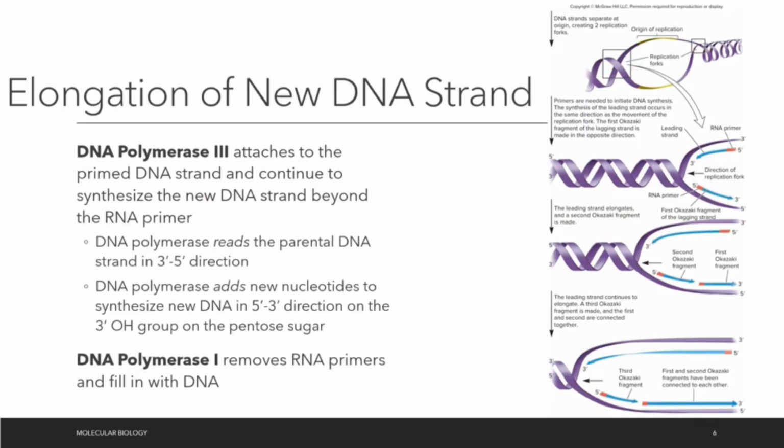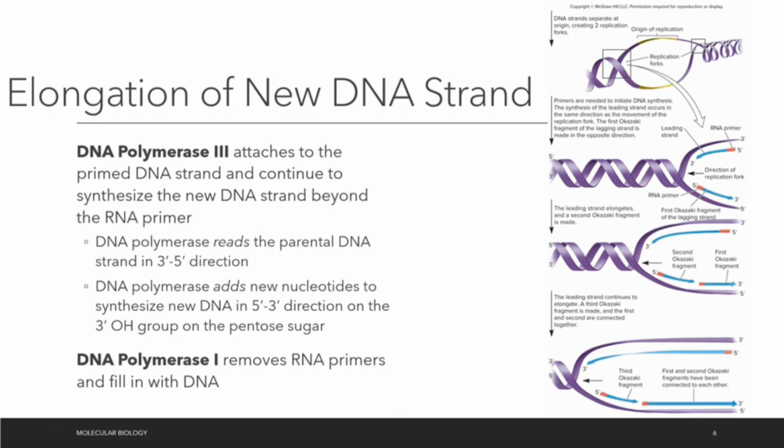The next process in DNA replication is elongation. Now I'm using the prokaryotic system in this slide as an example, but the eukaryotic system works in a very similar way. Elongation is essentially the extension of the DNA strand, or the two new DNA strands that are being synthesized.